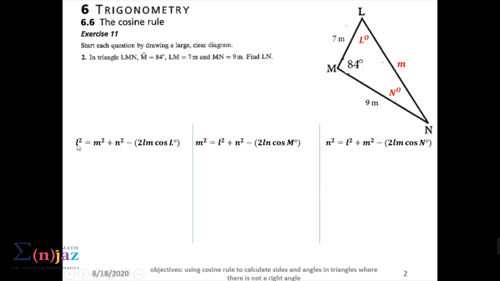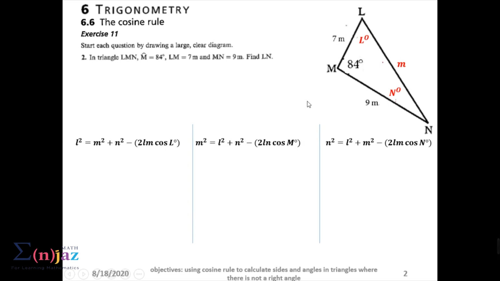We started with L. The other two sides are M and N. So L squared is equal to M squared plus N squared minus 2 times M times N times cosine L. So instead of L here, the M stays, and we're going to write next to the M, N, side N.